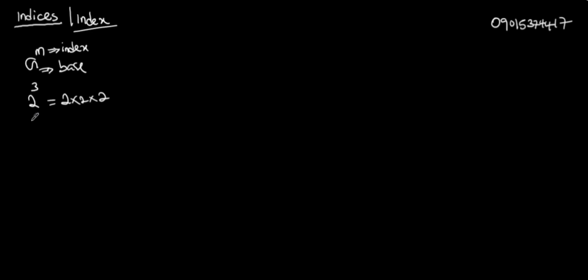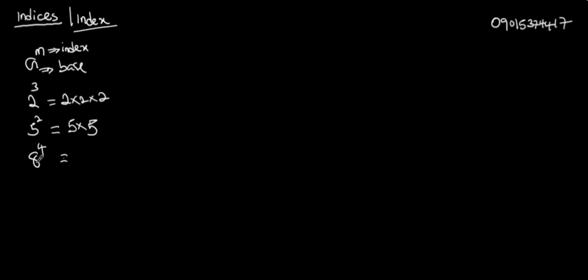So if I have 5 raised to power 2, for example, this index 2 is telling us how many times 5 will multiply itself. So it means that 5 will multiply itself 2 times, which is 5 times 5. So if I have 8 raised to power 4, for example, the index is 4, while the base is 8.